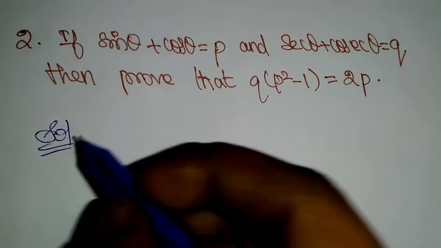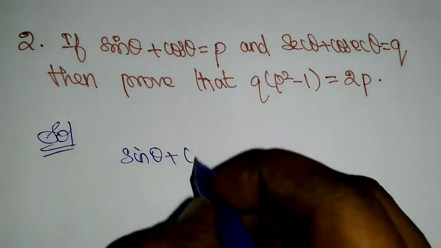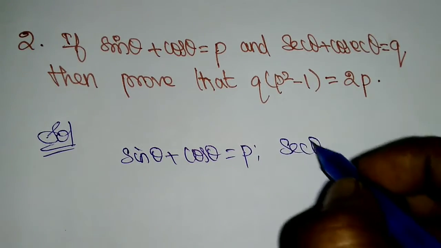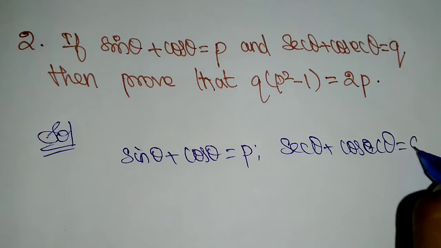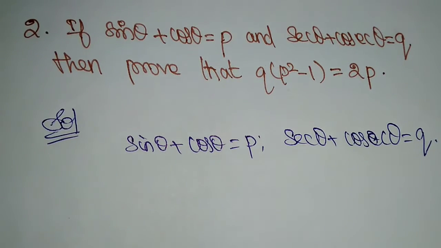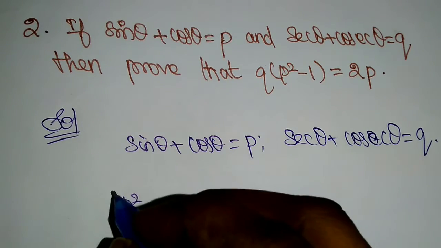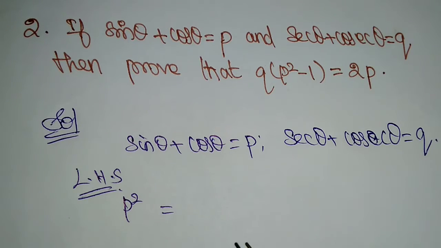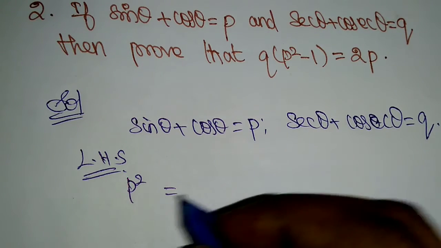Solution: here we know the given data, sin theta plus cos theta is equal to P and secant theta plus cosecant theta is equal to Q. Now we have to find P square, in the LHS Q into (P square minus 1).